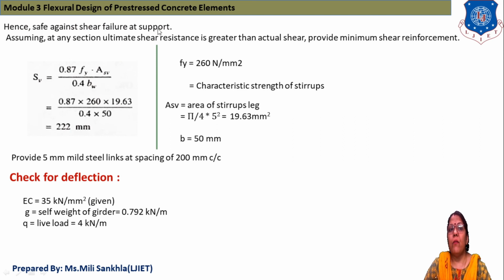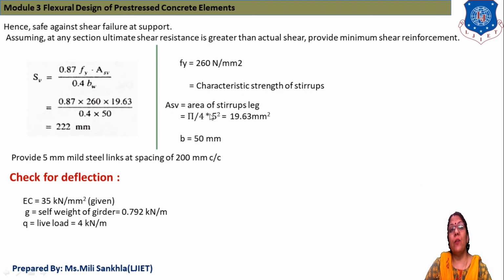Shear failure at support: assume that at any section the ultimate shear resistance is greater than the actual shear. Provide minimum shear reinforcement. Here SV is equal to 0.87 Fy into ASV divided by 0.4 BW. Fy is equal to 260 Newton per mm square, this is the characteristic strength of stirrups.